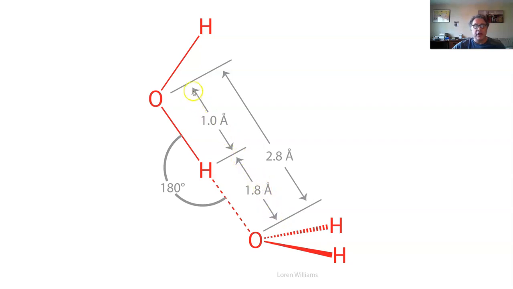You can see that an actual bond is more like 100 picometers. So this is about twice the distance of a normal covalent bond, right? And this can vary. It can be 1.8, it can be 1.9, 2.0. But at some point, if the distance becomes too great or too small, for whatever reason, that hydrogen bond won't form. That's a requirement. Okay.